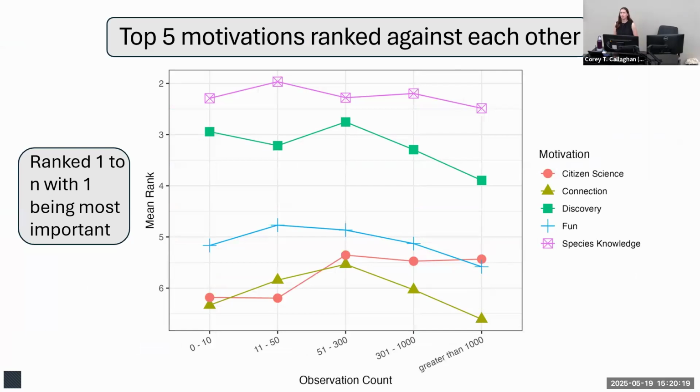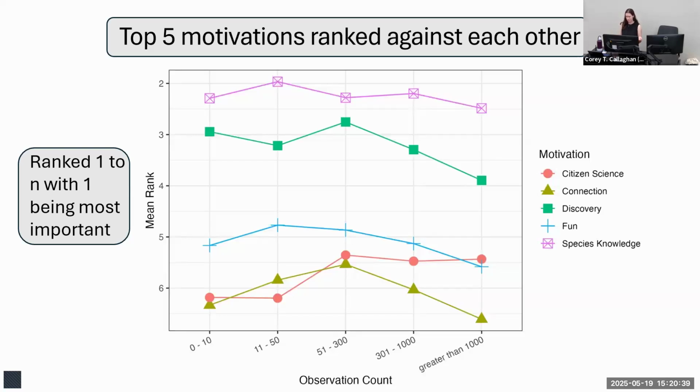Now, we're looking at the results of that question that asked people to rank their top motivators, the ones that they rated as extremely or very important, against each other. And so this was ranked from 1 to N, because you could have had 10 motivations that you marked as really important, or you could have just had 3.